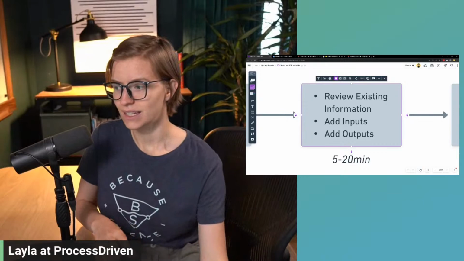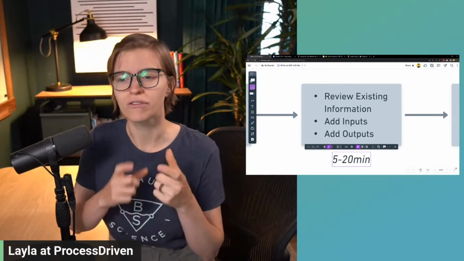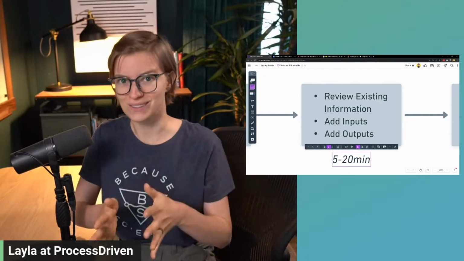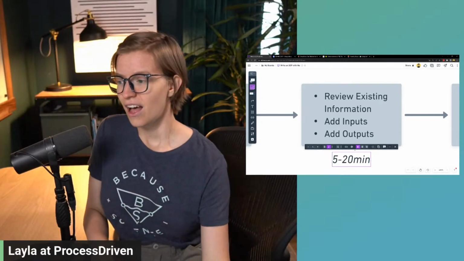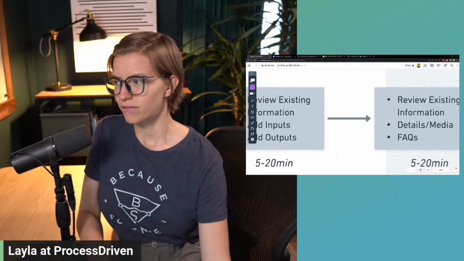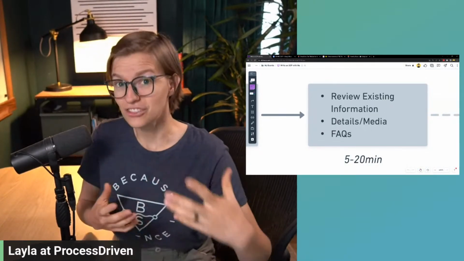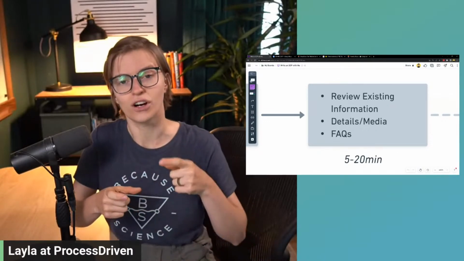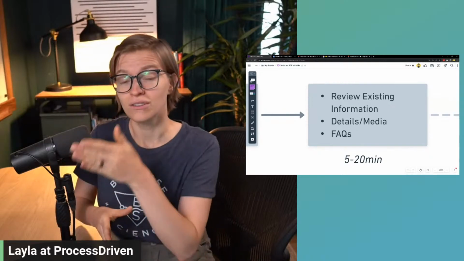And again, spend another 5 to 20 minutes of effort refining this SOP with a fresh perspective, or preferably with a new person coming in with fresh eyes that are completely new to the process. Our third step in this flow is to review existing information, add additional details, and add some FAQs. These, again, are additional pieces of our SOP template that we're going to be creating together. But this is our third visit.